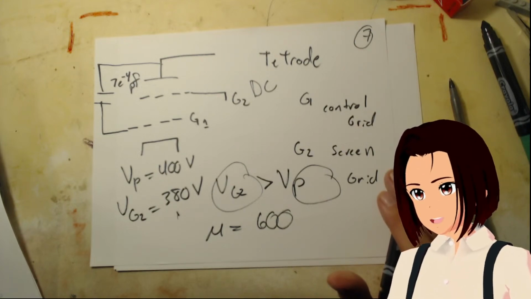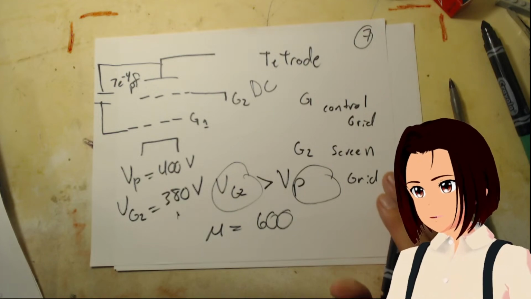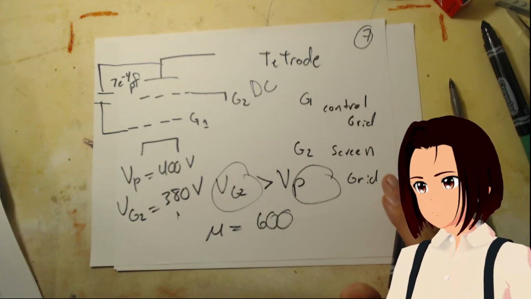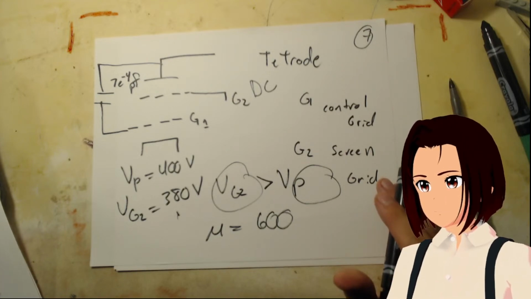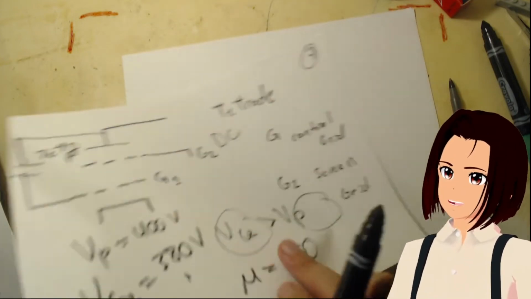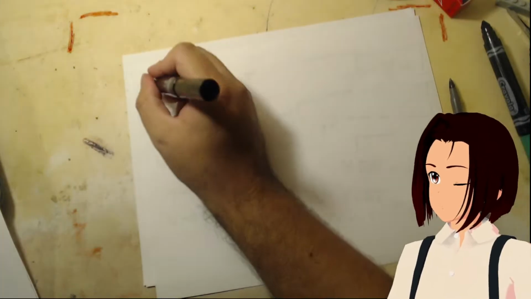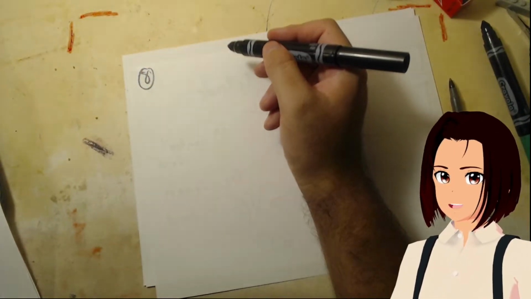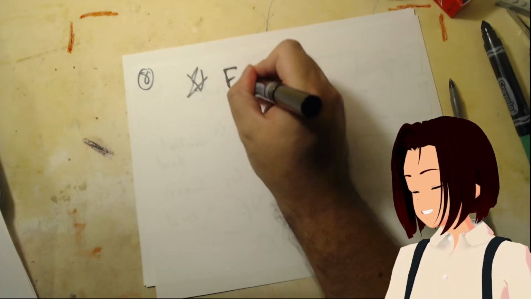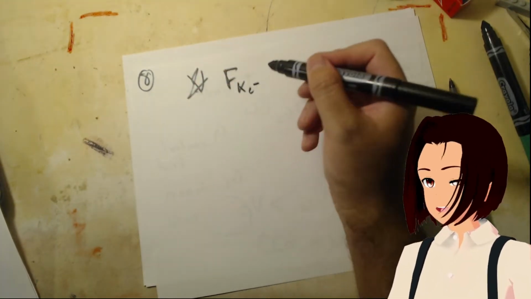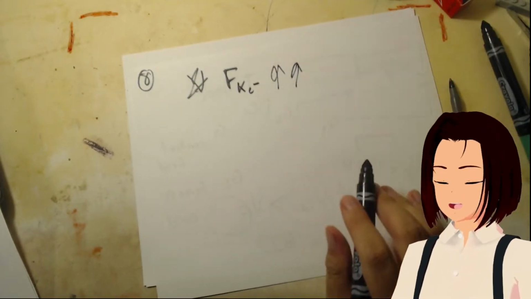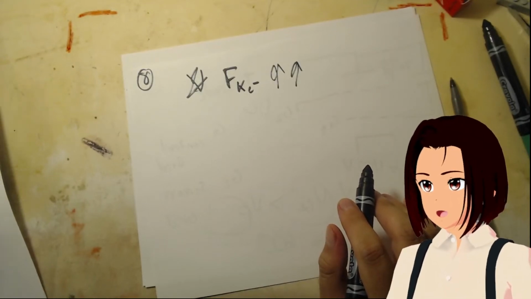Because we can raise the plate voltage so high now, why wouldn't we do it? We're going to do it. And it goes back to the problem before. The force of the kinetic energy of the electrons leaving the cathode is now super high, and so more electrons are knocked off.